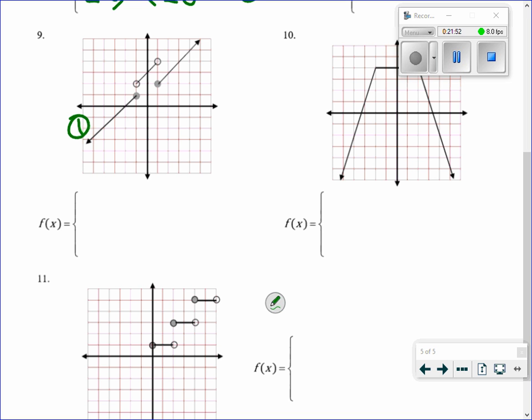Your slope is 1. So if I keep going up 1 over 1, what do I find my y-intercept to be? 2. So my equation is x plus 2. And that was when x is what? Not greater than, but less than or equal to -1.